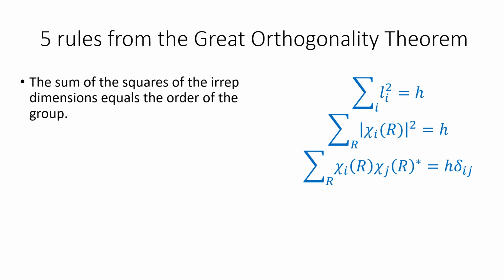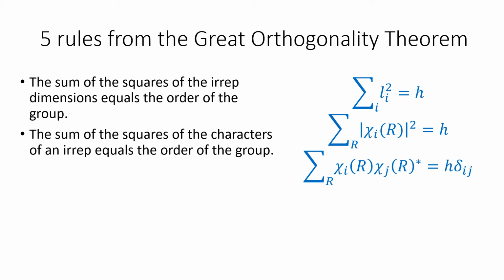The capital sigma means summing over, so the i there is for the irrep. So summing over all the irreps, and the l represents the dimension of the irrep. So l sub i is the dimension of a particular irrep i, and if we sum over all of those squares of dimensions, we get the order of the group, which is given the symbol h that we see on the right hand side there. So we can see that neatly coded up in that first expression.